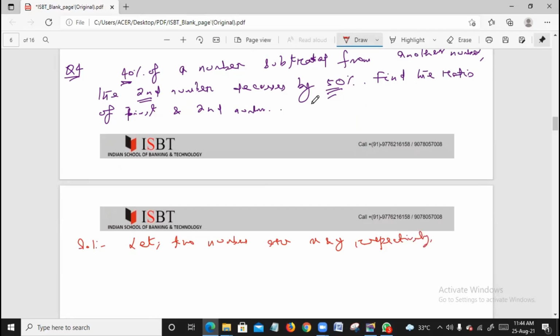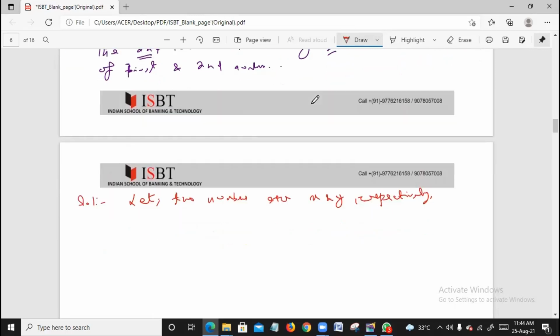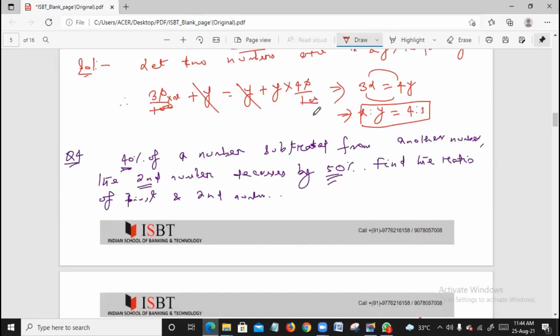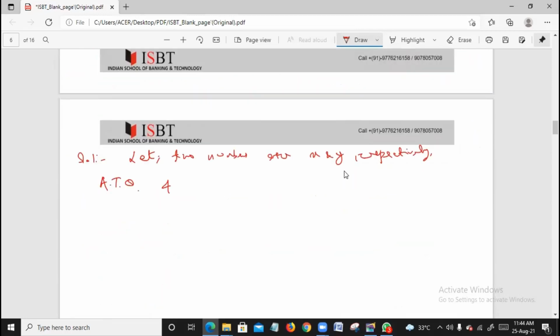So according to questions, 40% number subtracted from another number. So here y minus 40% of x.